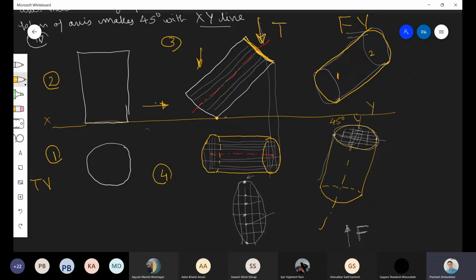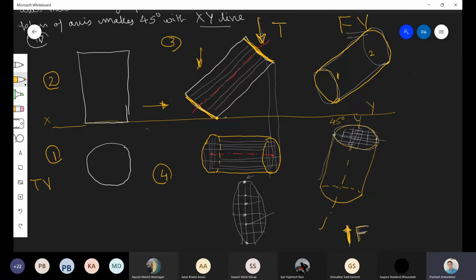Because what we are doing is just rotating it. We are rotating it here. So if we are not able to understand from this side, from this F, then you view it from here and you can see this entire thing is visible.